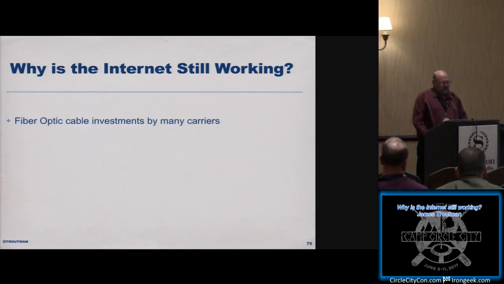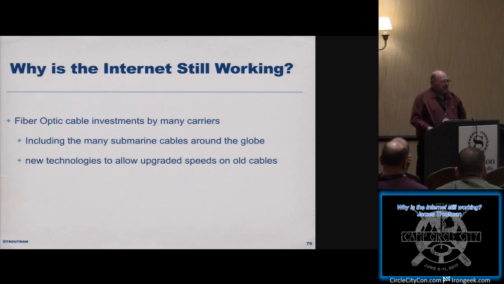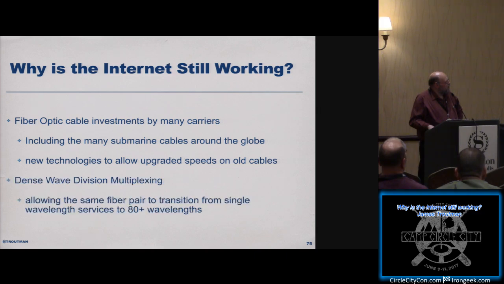The other big reason is the fiber optic cable investment from so many carriers, including many, many submarine cables around the world, and new technologies that have allowed us to get more speeds out of that same cable. Dense wave division multiplexing has been a big thing for a lot of carriers.